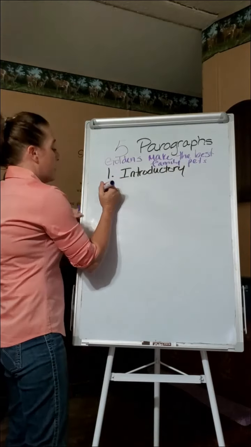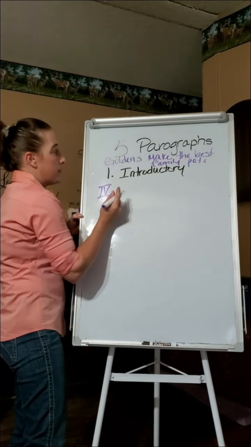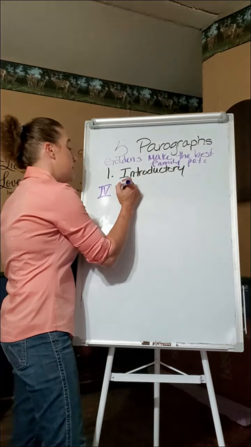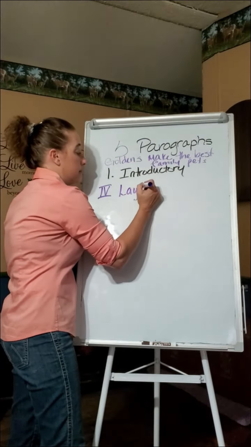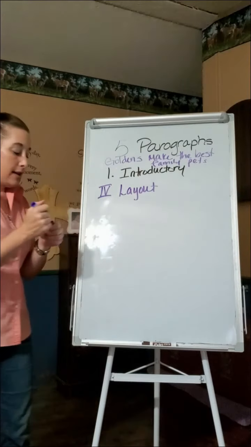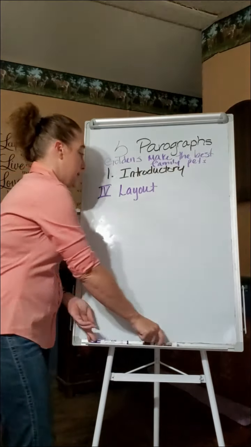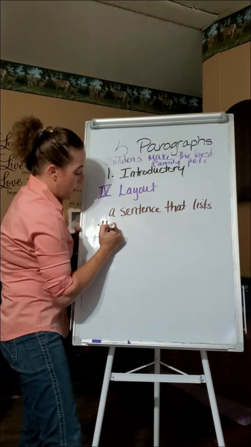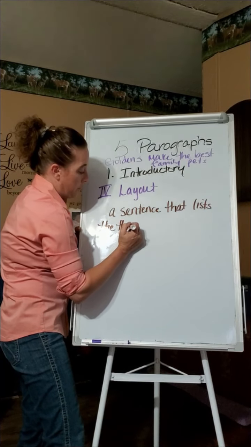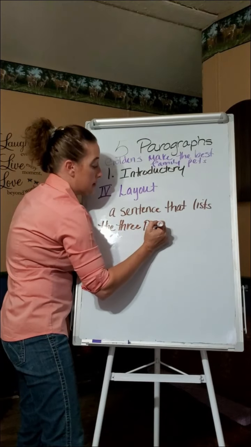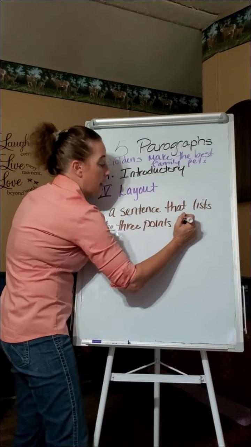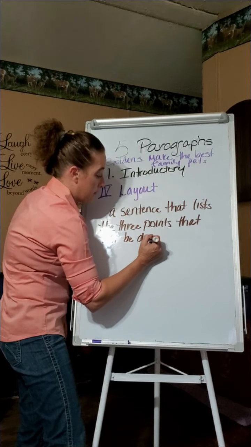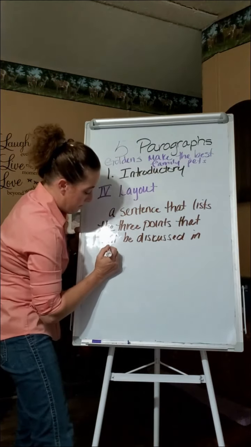Now, the last part and the last sentence in your introductory paragraph needs to be a layout. Now, a layout sentence is a sentence that lists 3 points that will be discussed in the essay.